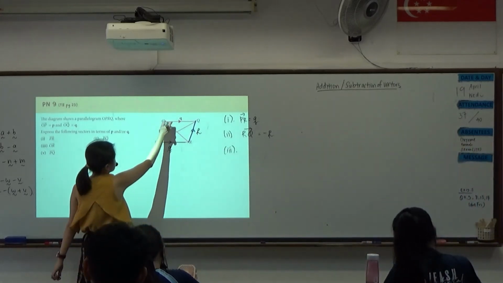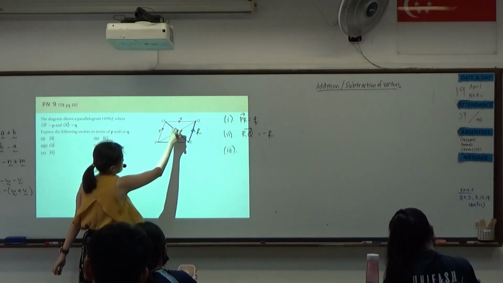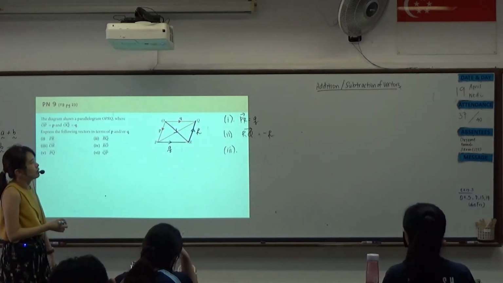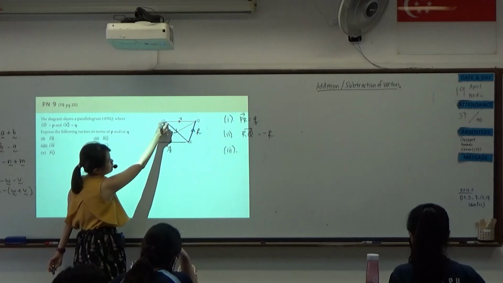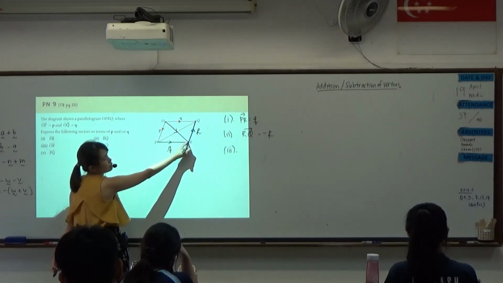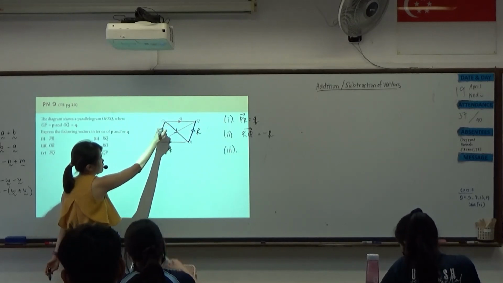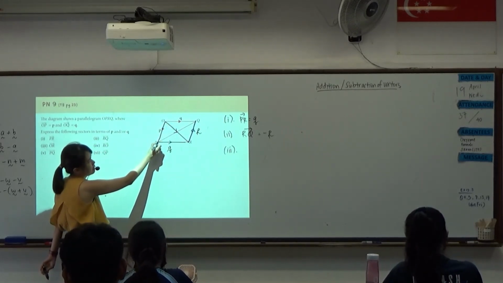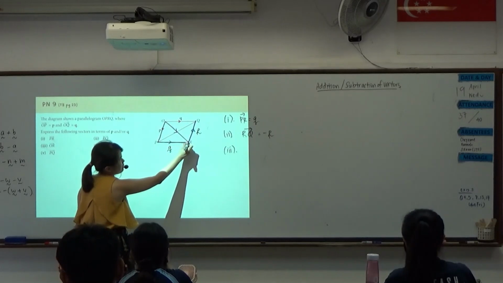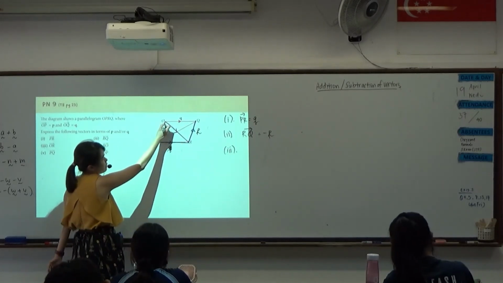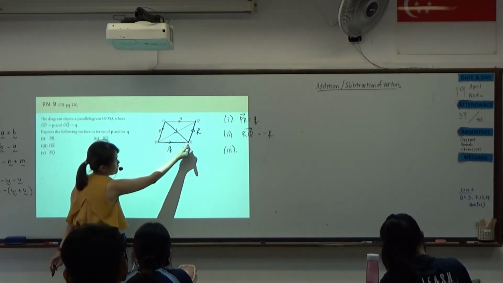Then OR being in this direction will be from O going to R. So there are a few pathways that we can take. One path will be starting from O, going along the direction of P, followed by going along the direction of PR. So we are going one direction and adding on to the next direction.